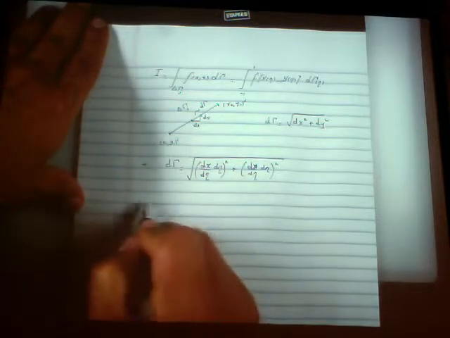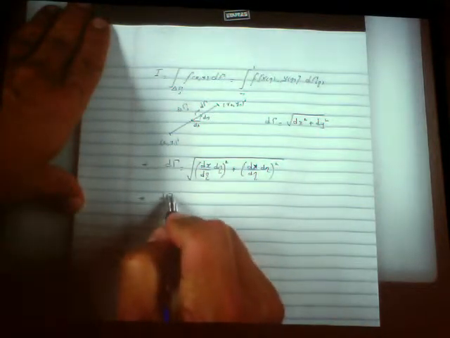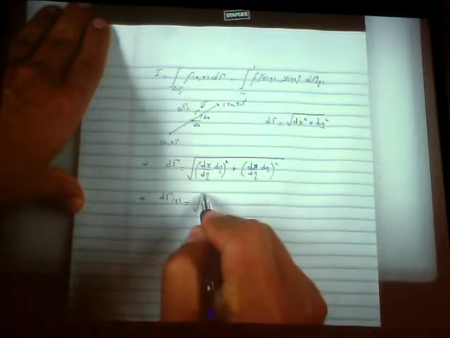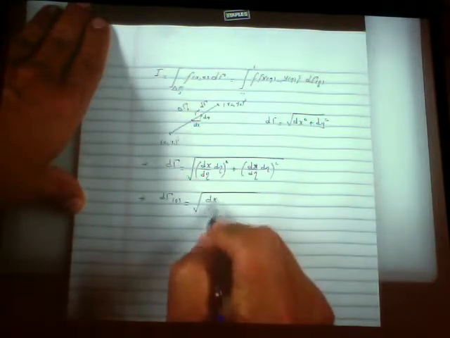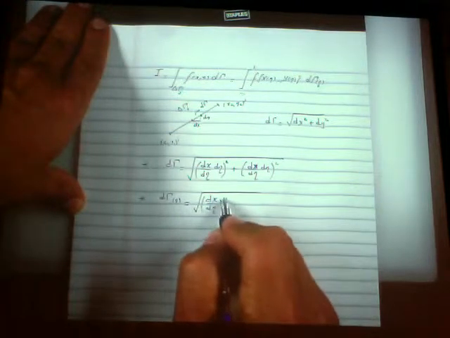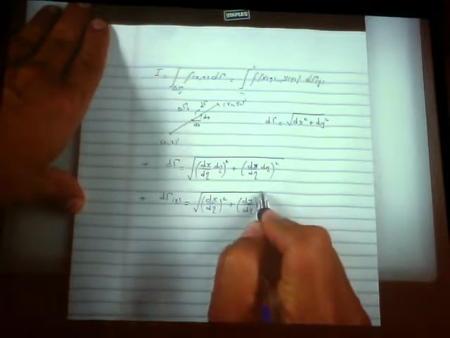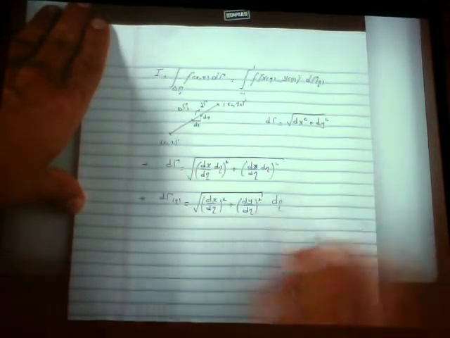And therefore, d gamma, in terms of eta, is equal to the square root of (dx d eta) squared plus (dy d eta) squared, times d eta.